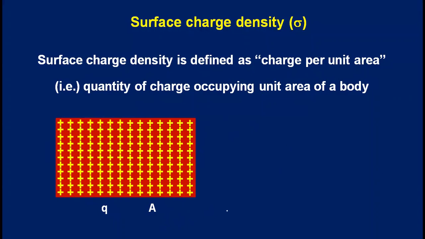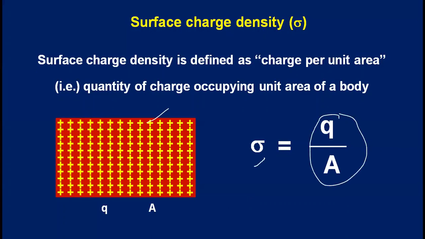So how much charge is getting distributed over 1 square meter area? How do we find that? If we divide Q charge by area, I will end up with quantity of charge occupying unit area of this particular body. Now, as per the definition, I'm going to call charge per unit area as surface charge density. So sigma is equal to Q by A. So this is the expression to find surface charge density.